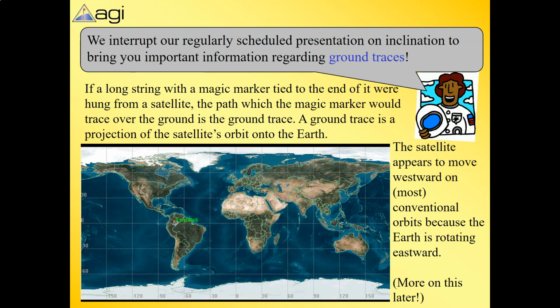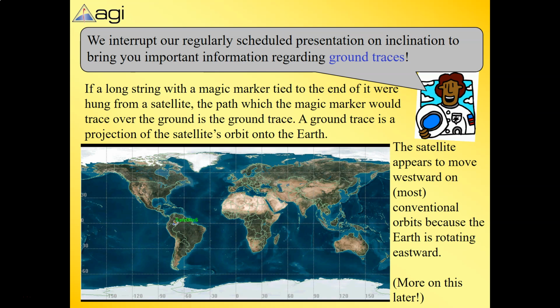It's a projection of the satellite's orbit onto a flat, two-dimensional Earth. The satellite appears to move westward on most conventional orbits because the Earth is rotating eastward. More on that later.